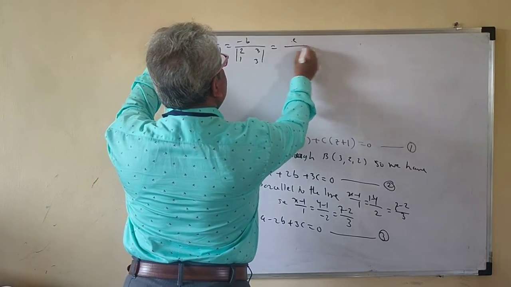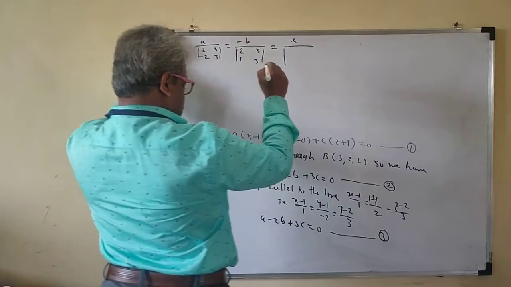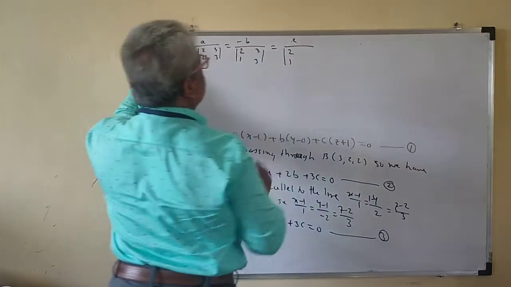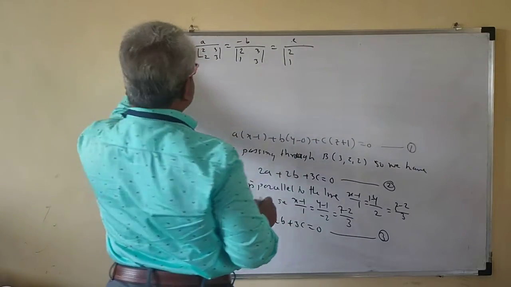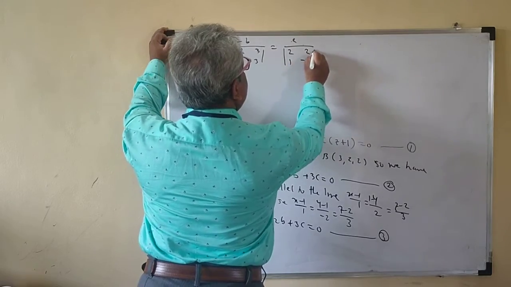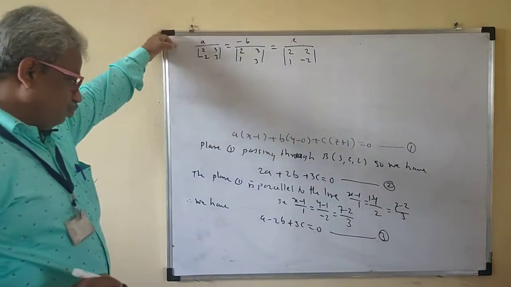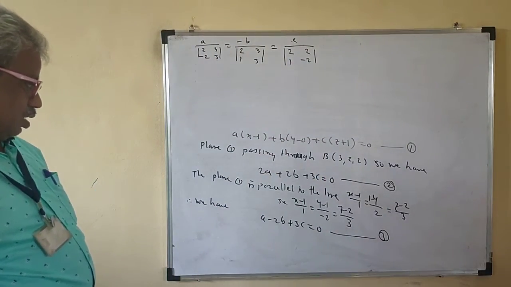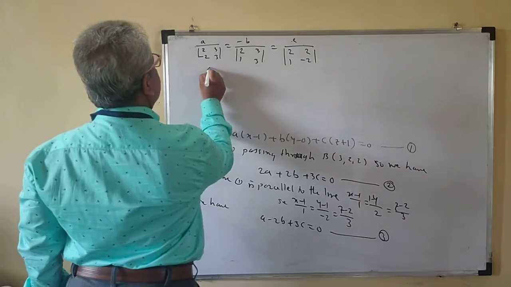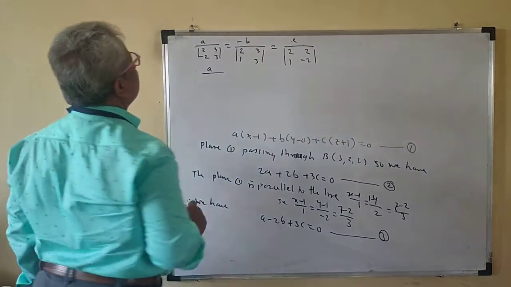Then c upon the coefficients of a and b, 2, 2 and 1, minus 2.